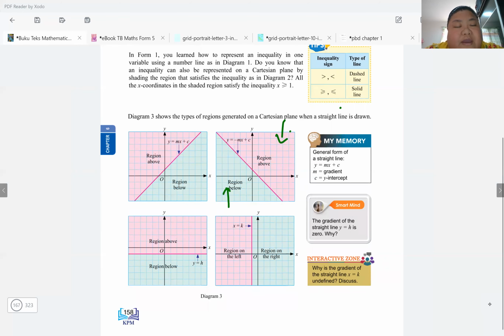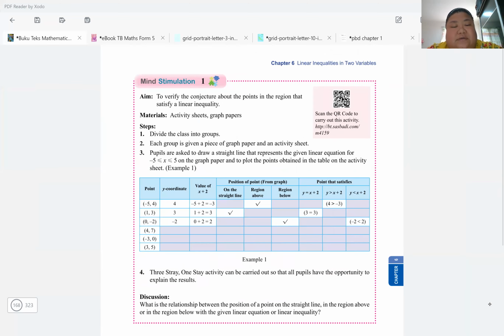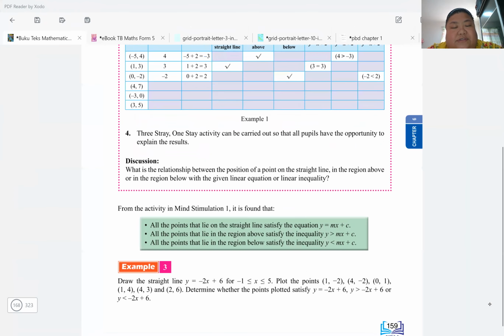If we have a straight line y equal to h, the one above we call region above, and down here we call region below. If we have a straight line x equal to k, the one on the left we call region on the left, and then region on the right. So this one, we just leave it first.